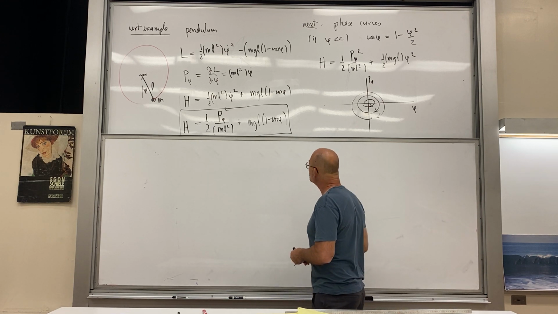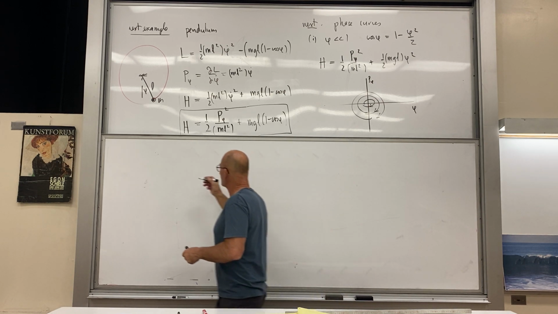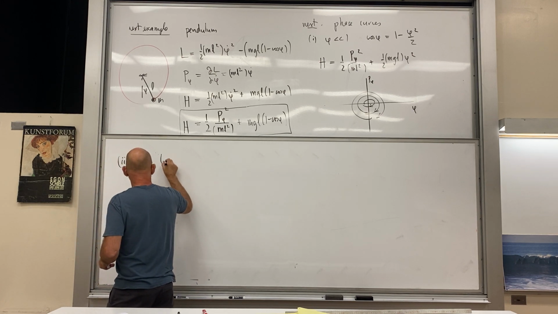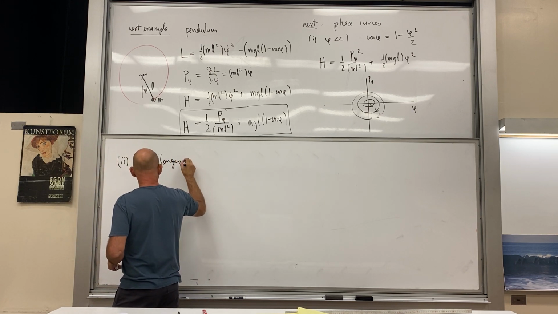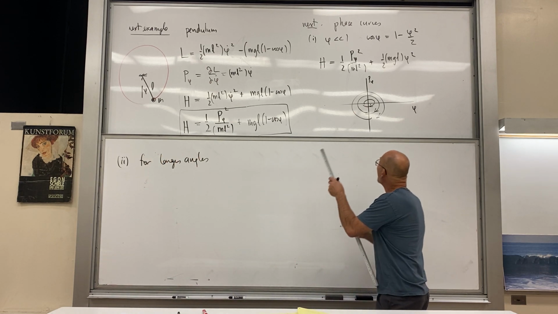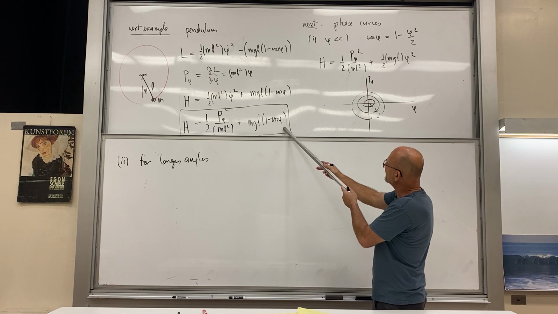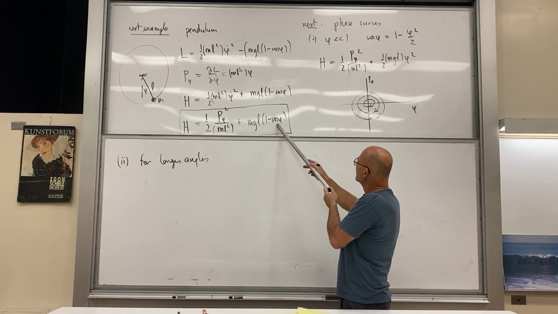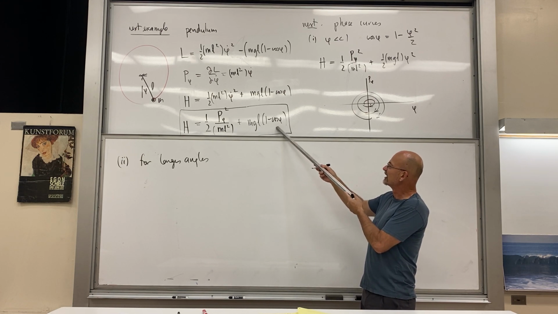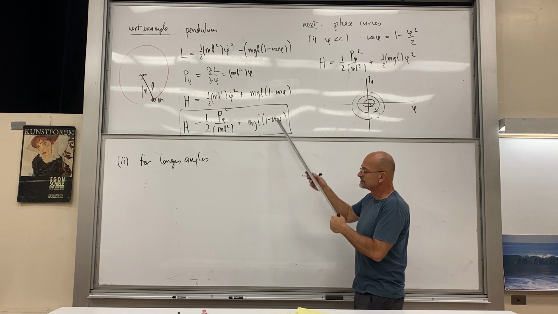Now for larger angles, number 2 here, what happens when the angle is larger here? We're back to this. You can go to 1 minus cosine of pi, and that's 1 minus negative 1, you get 2 times mgl.